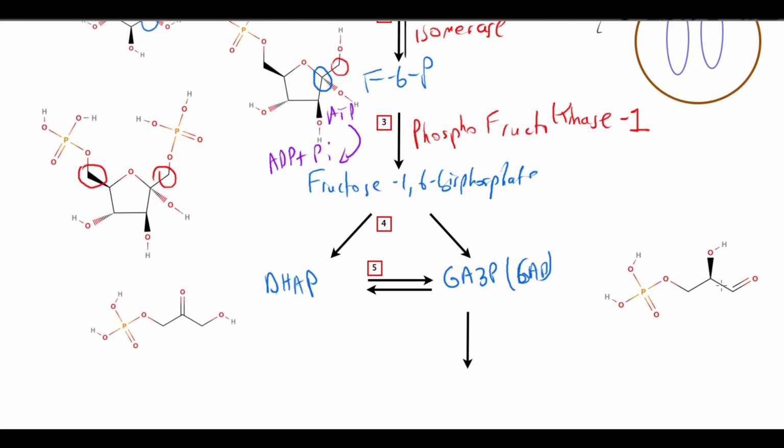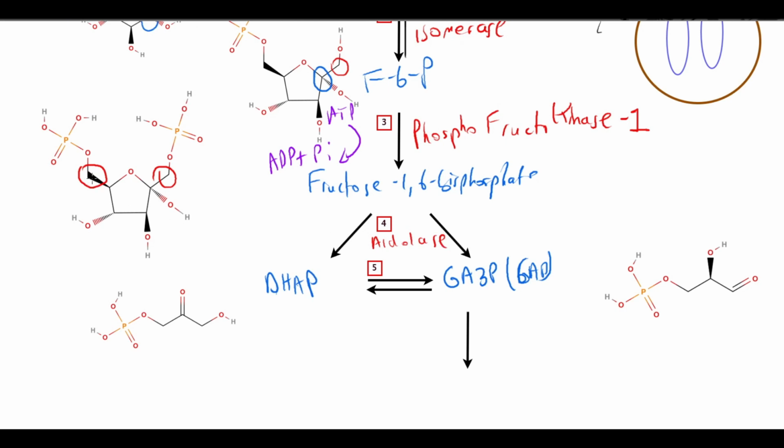So this is GAP, glyceraldehyde 3-phosphate. It's an aldehyde, and this is a ketone, dihydroxyacetone phosphate. And what you should know is that fructose 1,6-bisphosphate is broken down into those 2 molecules by an enzyme called aldolase. And aldolase cleaves it.